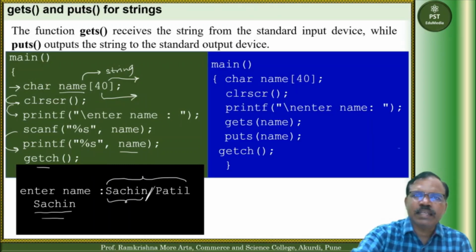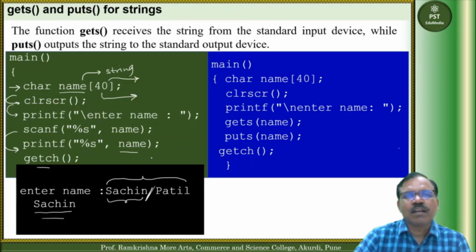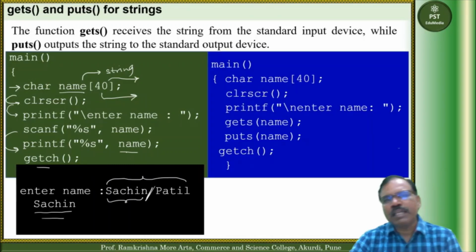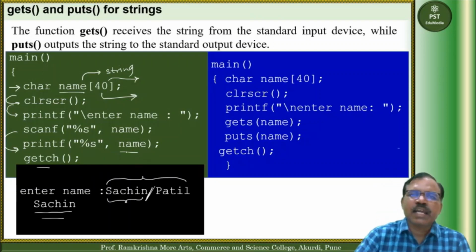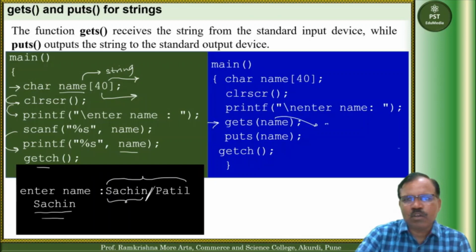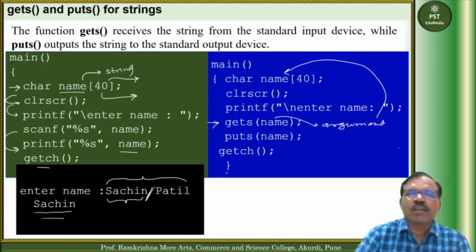But if we take another program in which we have used the getS and putS functions, in place of the scanf function we have used getS name. Name is the argument.